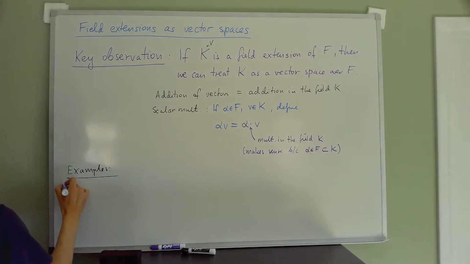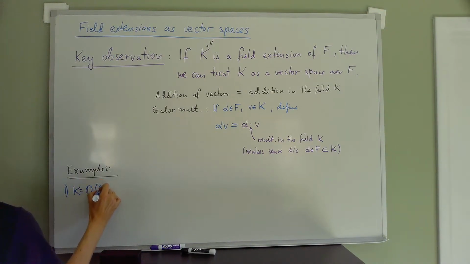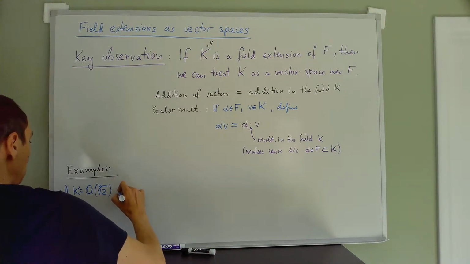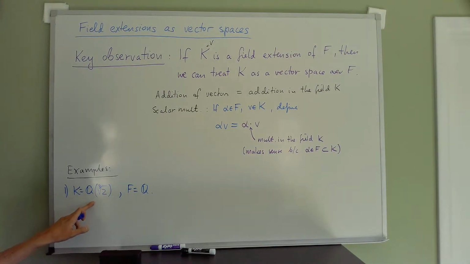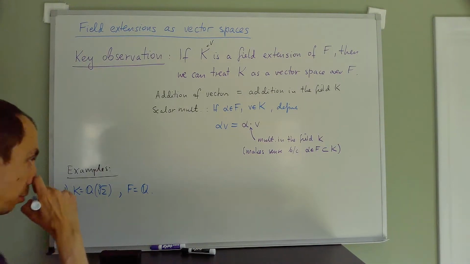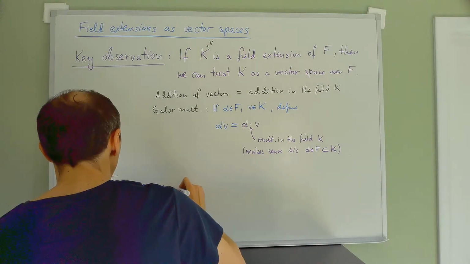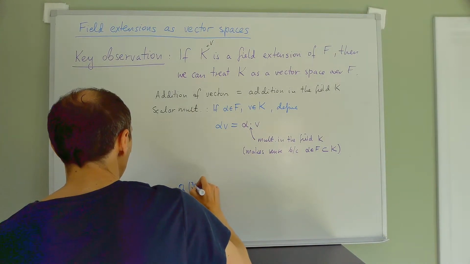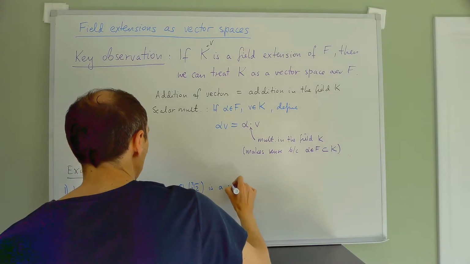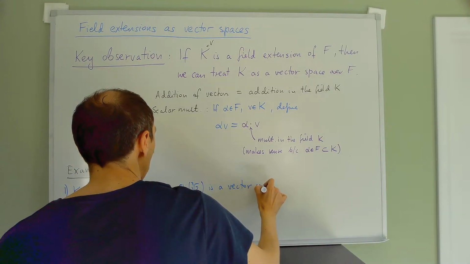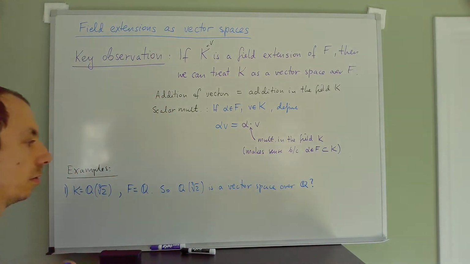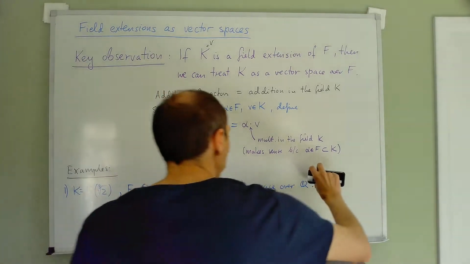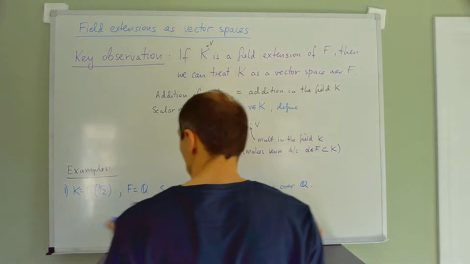Let's take K to be Q adjoin cube root of 2, and I'm going to take F to be Q. This is a field extension of Q. So by what we just said, Q adjoin cube root of 2 is a vector space over Q. It's not a question, it's really just a statement, it's true.